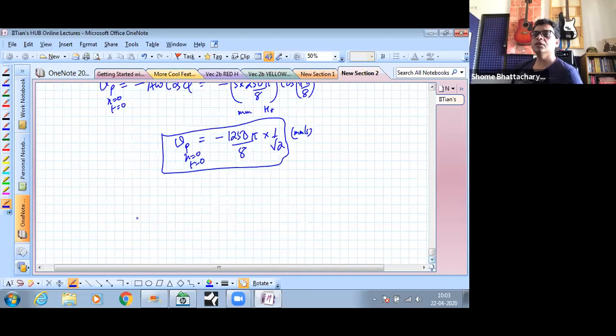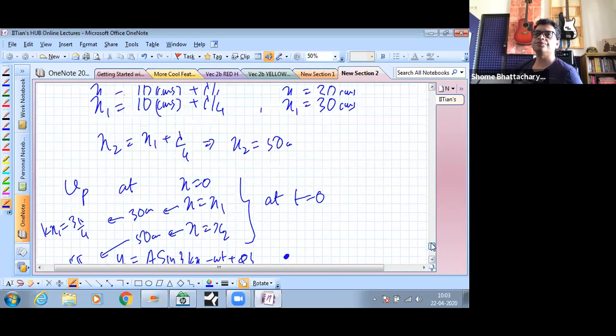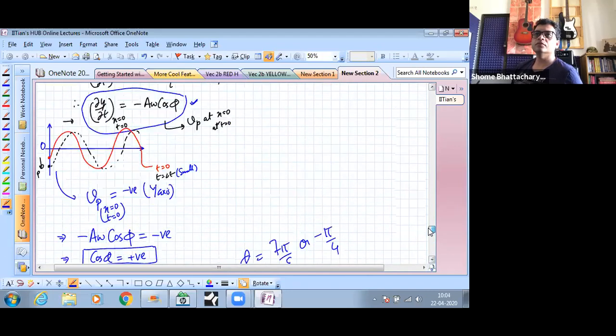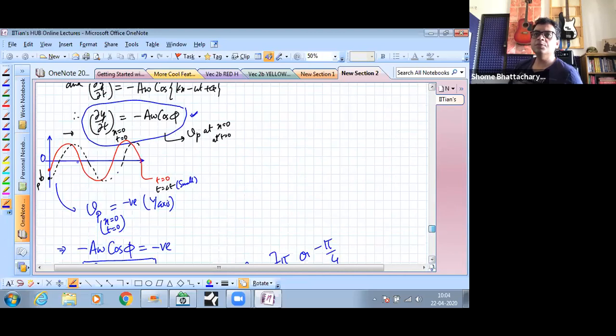See, x1 was the point where the particle was at the mean position. So if you go back to the graph, even this graph will do. This point was our x1. This point, sorry. x1 was a point where it is at extreme position. So what is the particle velocity at extreme position in an SHM? It should be 0.